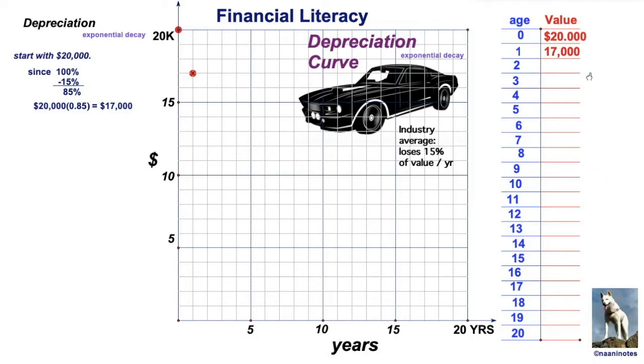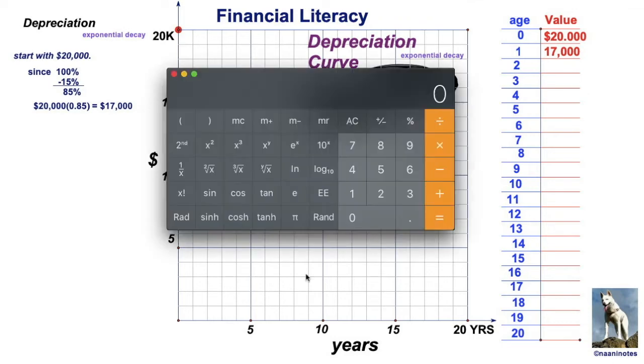So we can finish this chart, and this will be a piece of cake because you're just going to take that number. Let's take this calculator. We've already got 17,000, and all we have to do is keep going times 0.85.